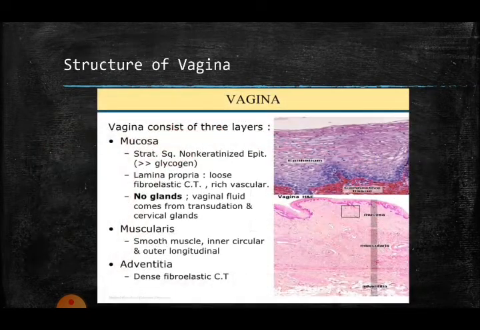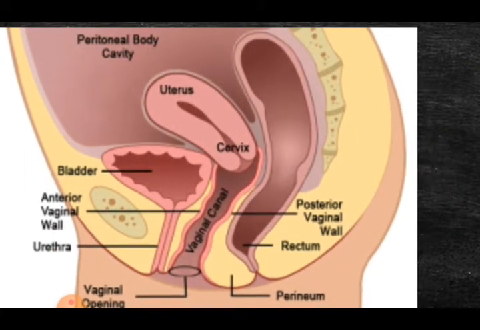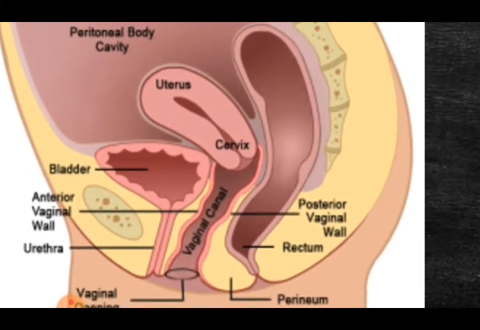Another very important thing is that we will look at the various parts of the vagina as well. As I have told you about the epithelium of the vagina, that is lined with the stratified squamous epithelium. And another important point is that the vagina is a fibromuscular tube.